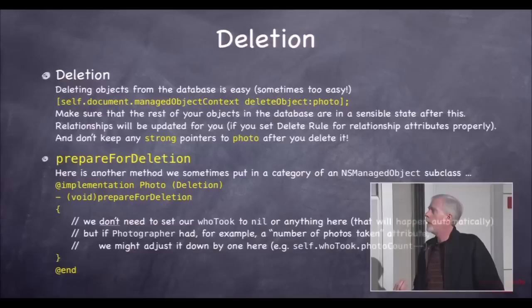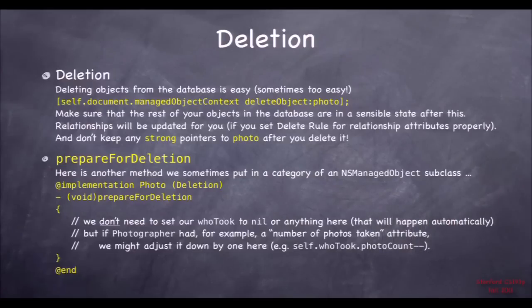There's a really nice method that you can implement in a category called prepareForDeletion. This method will get sent if it's implemented by an NSManagedObject subclass. This will get called when it's going through deletion. In other words, if someone calls delete photo, part of that process is it's going to call prepareForDeletion. Inside prepareForDeletion, you wouldn't have to do something like say whoTook equals nil.